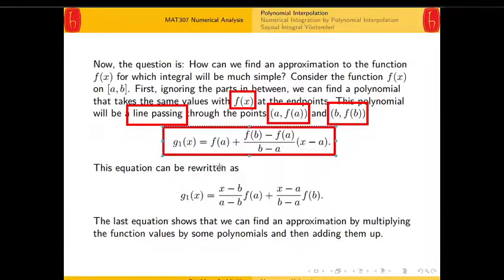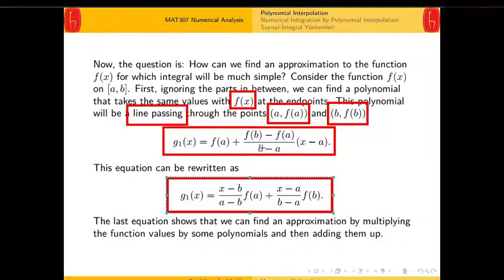If we rewrite this equation in this form with some algebraic manipulation, then this will give us the approximation g of x. Here we observe that we have the function value at the left end point and the function value at the right end point, and these two numbers are multiplied by two polynomials.